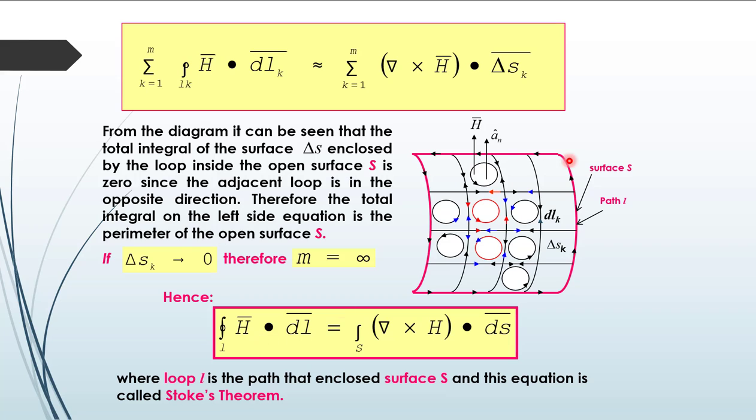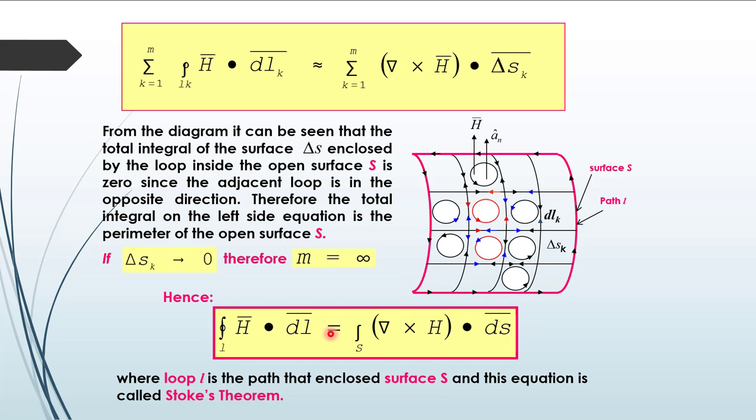So the closed path integral for path L is equal to del cross H, the curl of H, dot ds, taken as a surface integration over the entire surface area.